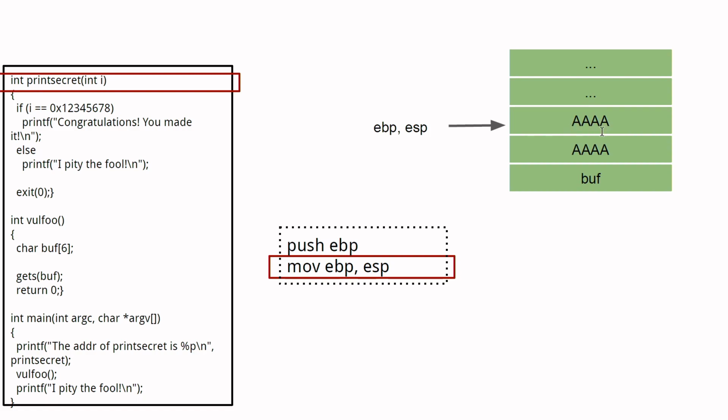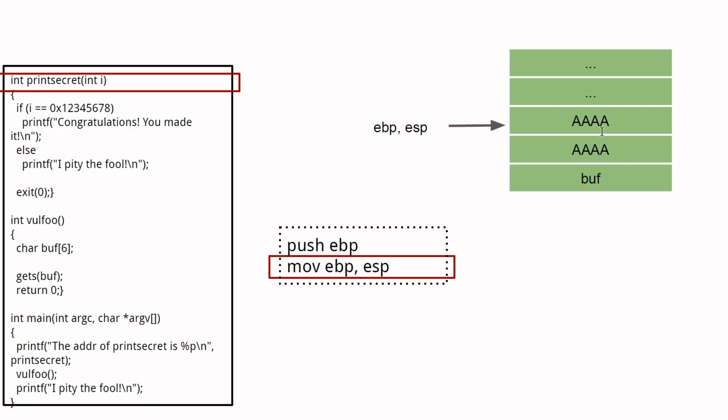So the function print secret doesn't know there was an attack. It doesn't know it is executing because someone returned to it. It believes, or it is compiled this way, that it is executing because someone called it.